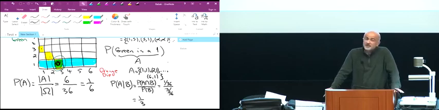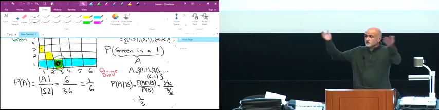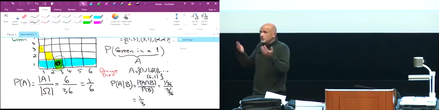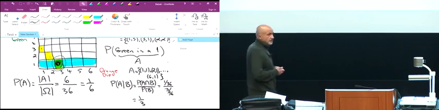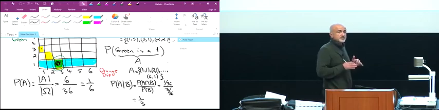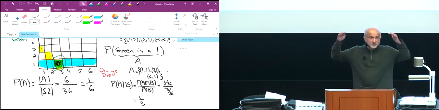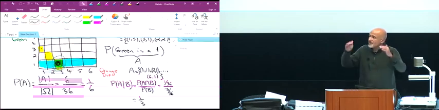Now that I'm living in that set of 3 boxes somewhere, what's the probability that I am in this particular box? Well, they were all uniformly likely, equally likely to begin with. In the new conditional universe, they are going to remain equally likely. In other words, the proportionality is preserved. If two outcomes are equally likely in the original universe, when I condition the sample space, they remain equal.